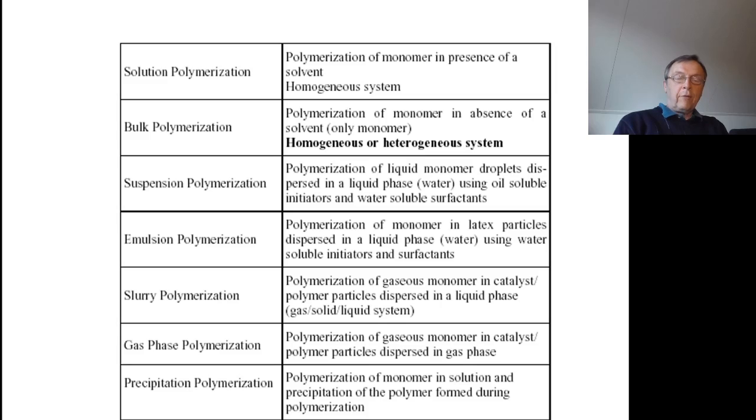So we have a variety of different methods available for the production of polymers, and as I said before, if we apply these different methods to the same monomer, we can produce polymers with very different properties, useful for very different applications.